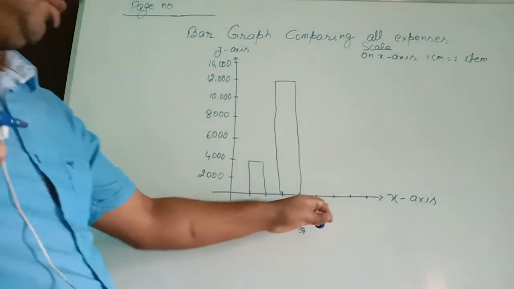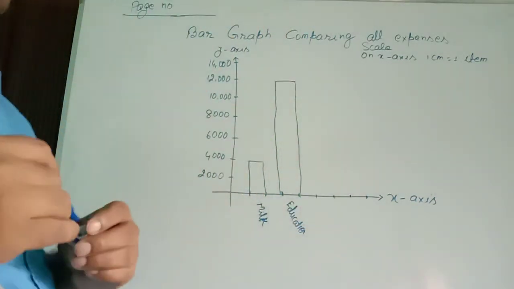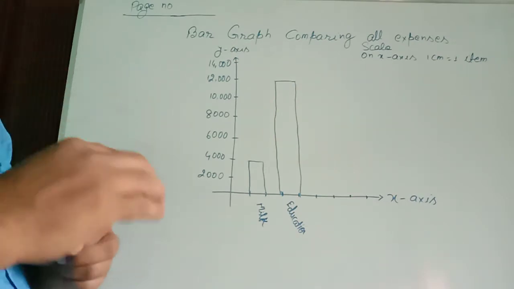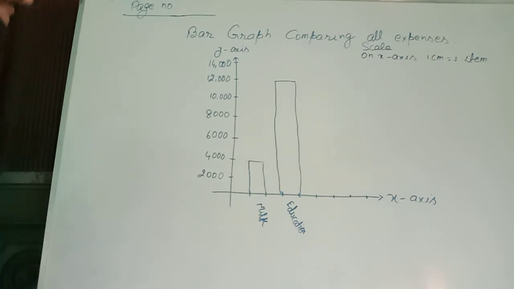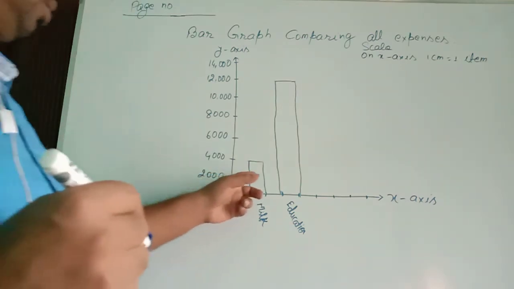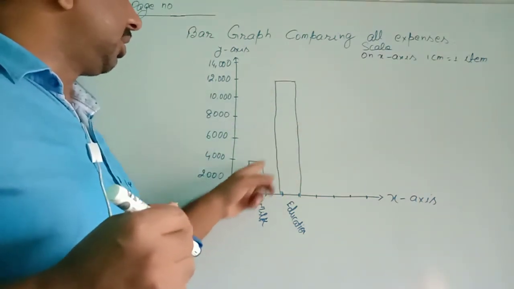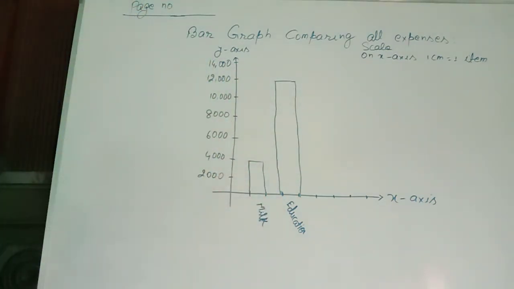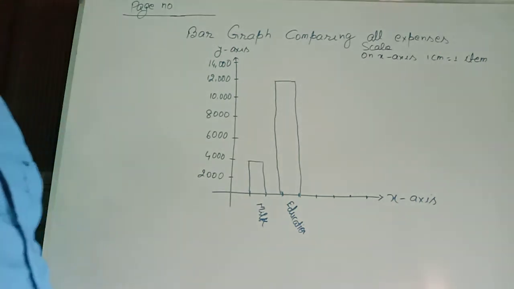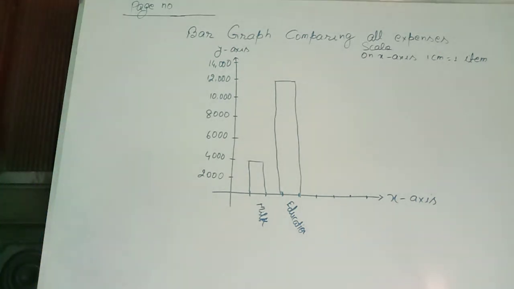In this way, you will write different names of items of expenditure, and on this side you will show the amount of expenditure. Then you will color these rectangles in different colors to make it attractive. If you use graph paper, you must paste that graph paper on the page of your project file.